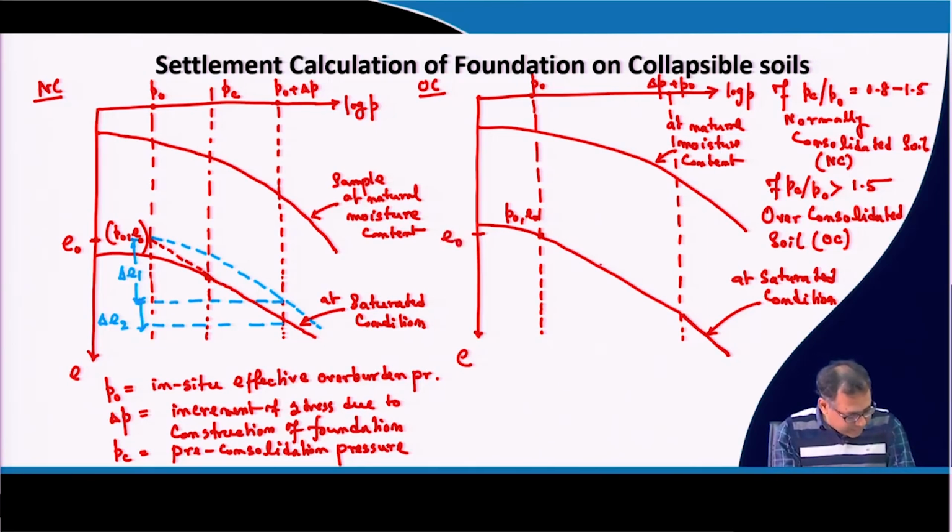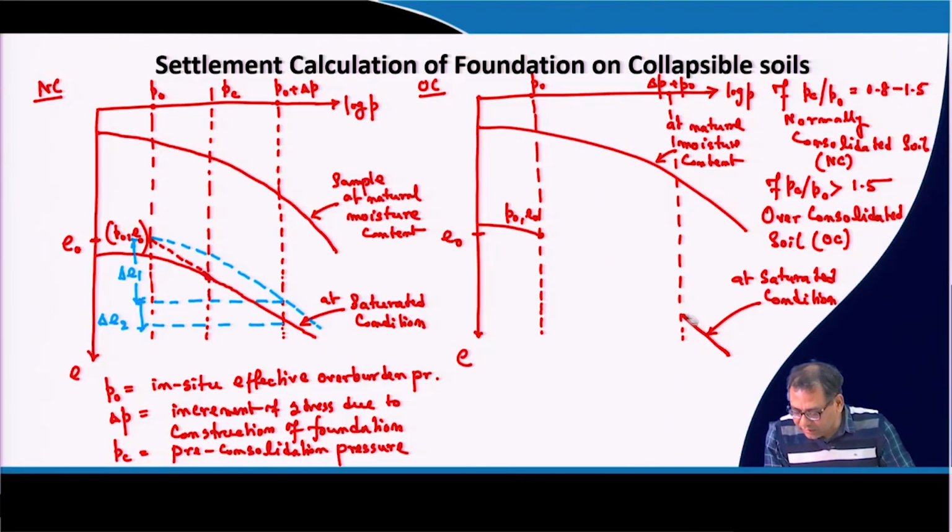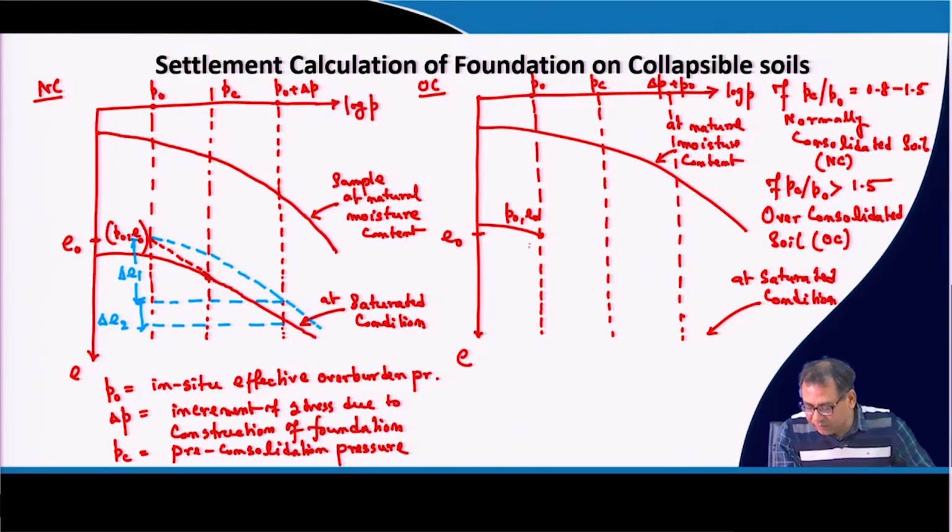Then there is a point. So, I have to draw this curve, because this is the PC line. Up to that there is one change in line, then there will be one change in slope.